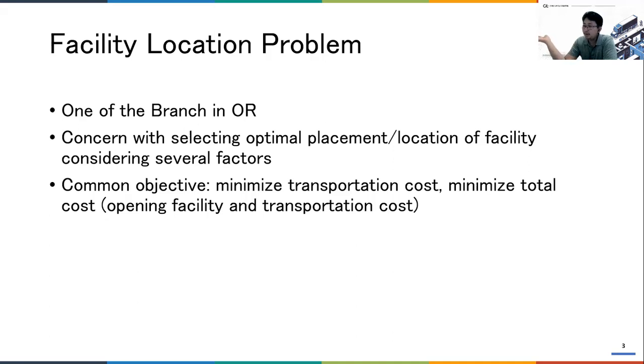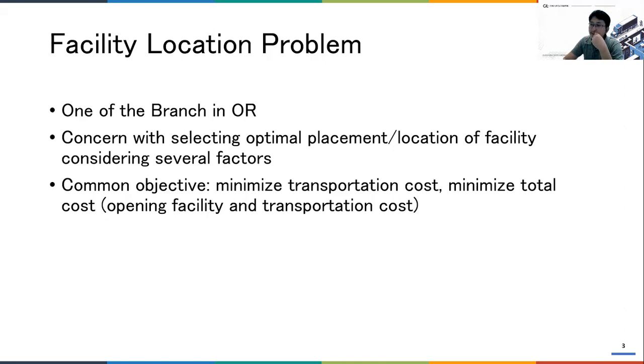So if you want to open a new warehouse, what are you going to do? What kind of considerations will you need to make? This is the type of problem that belongs to the facility location problem. So basically, it's the selection or placement of a facility considering several factors.